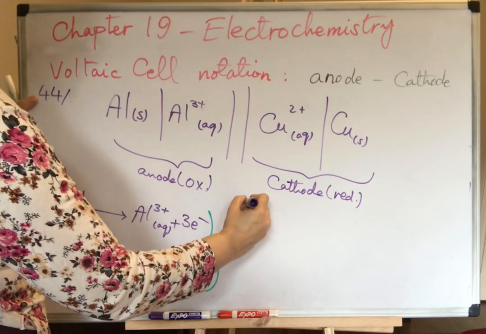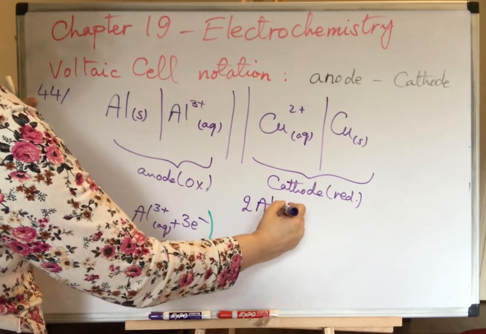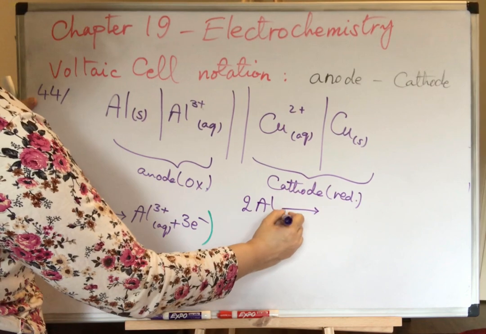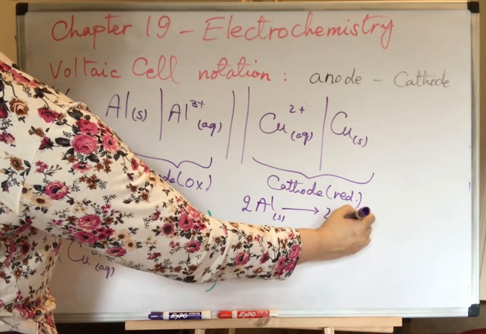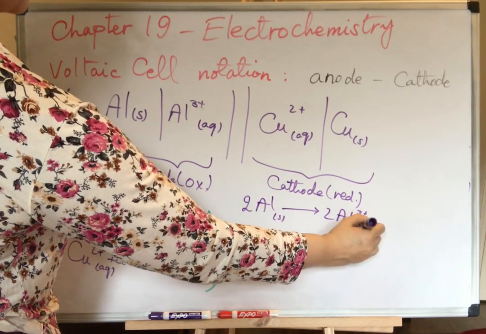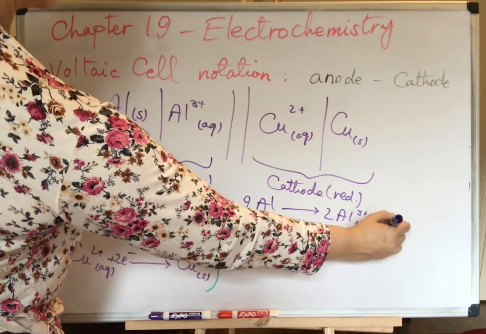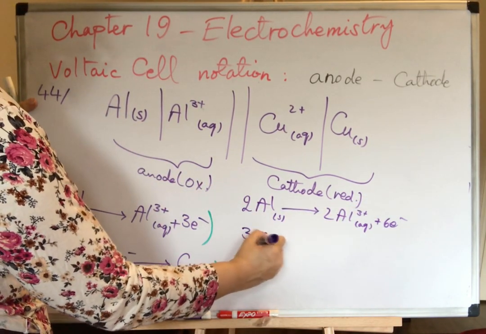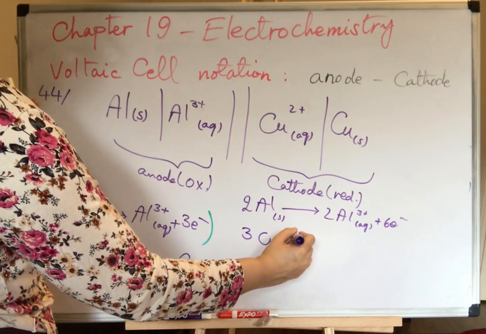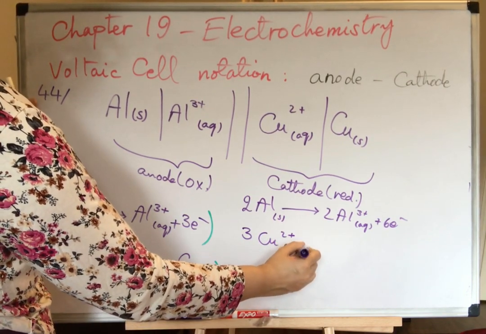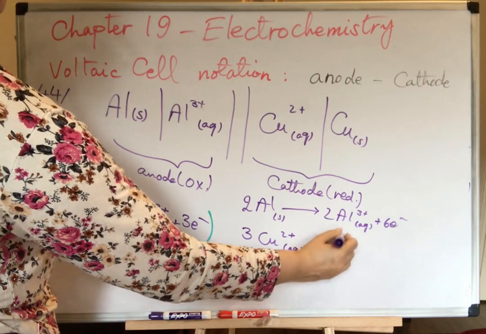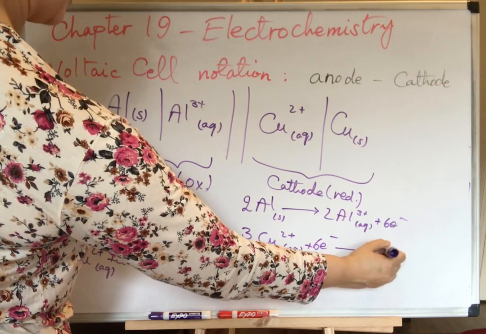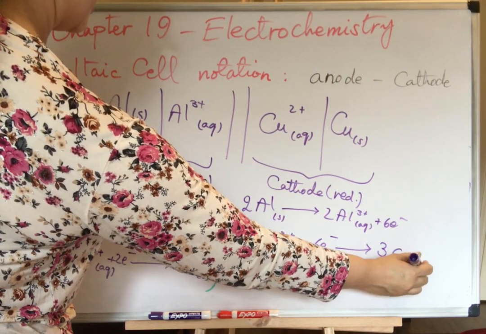So you will have 2 aluminum solid to 2 aluminum ions plus 6 electrons, and the other equation, 3 copper 2 plus plus 6 electrons gives 3 solid copper.